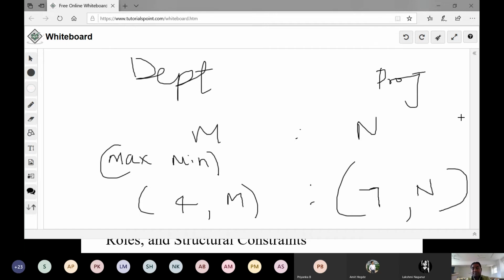Correct? The other side, one project should be controlled by at least 7 departments at minimum, and maximum is n. Understanding? We can change this value depending on our assumption, but the core cardinality ratio will not change.